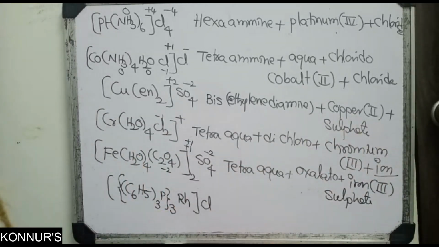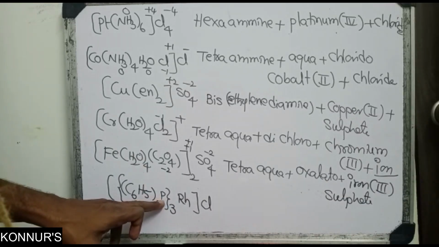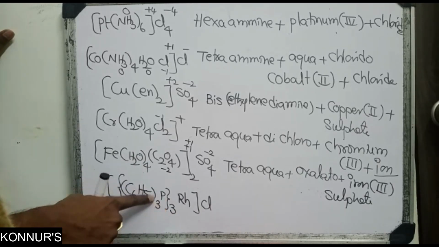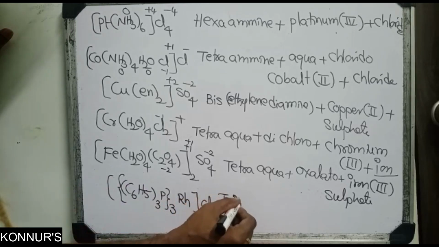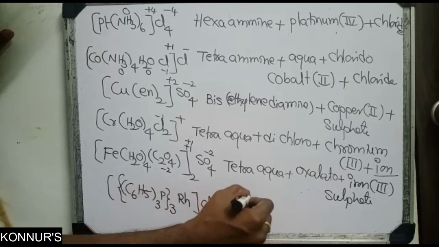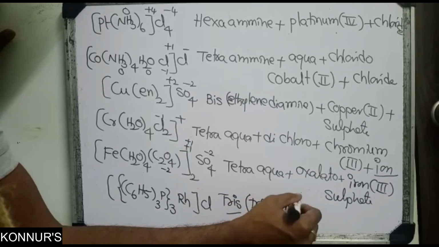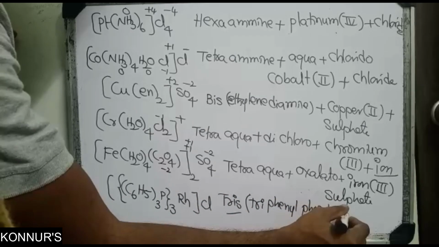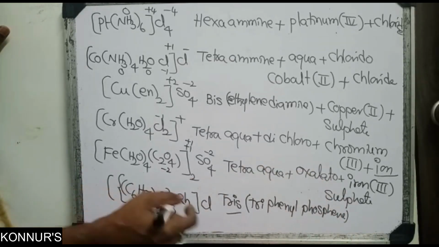Next here, this is triphenylphosphine. But 3 members are there, so triphenyl. This is complicated, so that's why this is indicated with tris also. So tris triphenylphosphine rhodium.